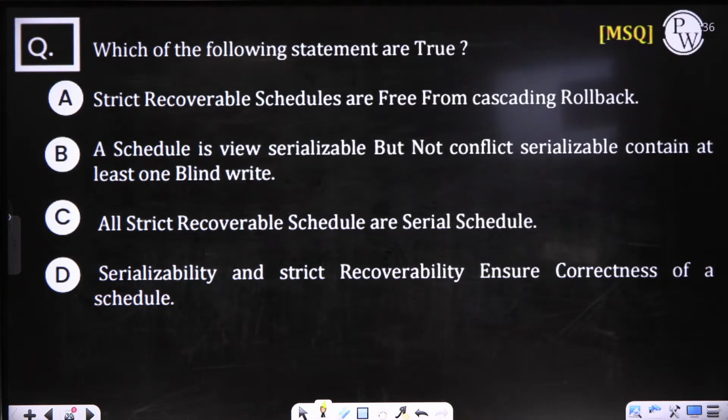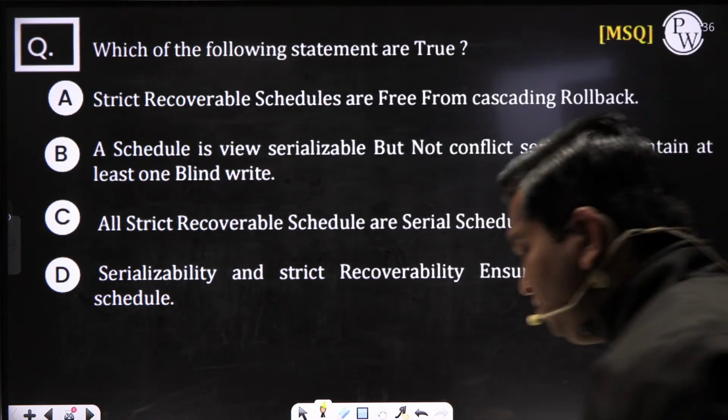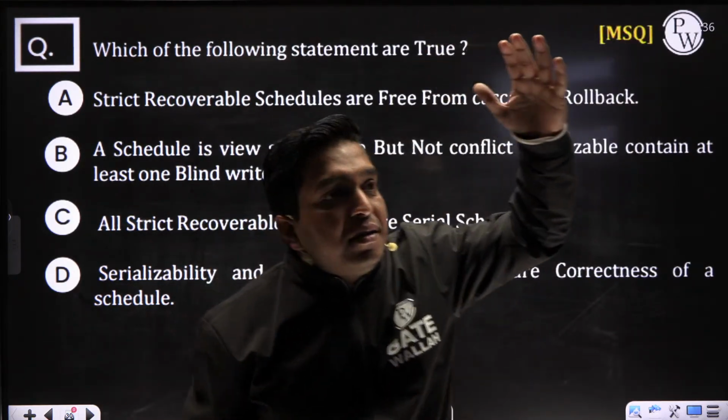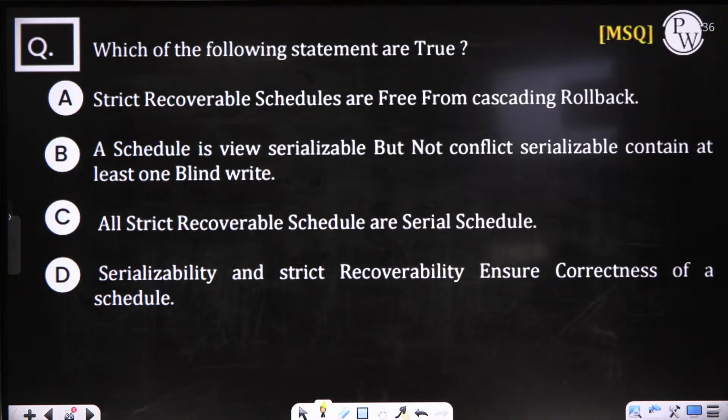Mohammad Kaif, wrong. Chanchal, wrong. Till now, I am not getting the correct answer, my dear. Tell me fast. Mohammad Kaif, again wrong.